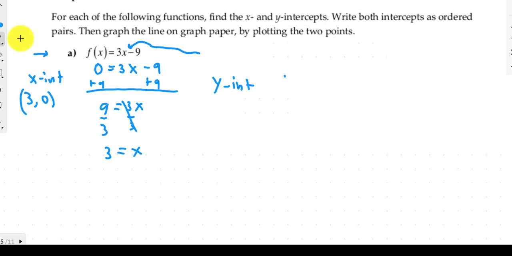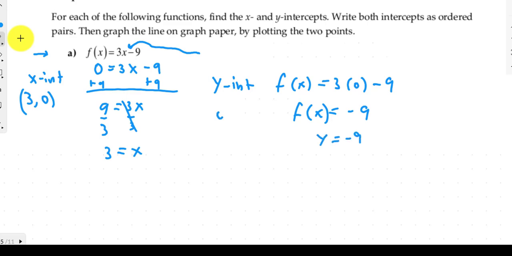So I'm going to write f of x equals 3 times 0 minus 9. So that means f of x equals minus 9, which is the same as y equals minus 9. The ordered pair would be 0, minus 9.